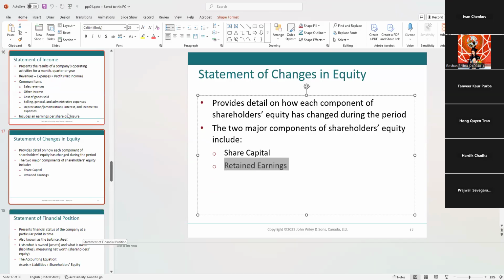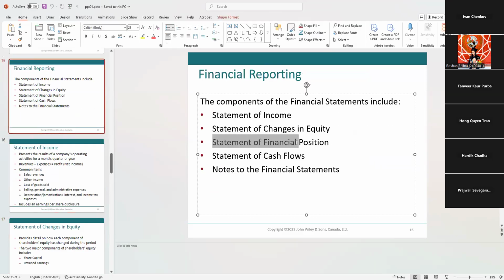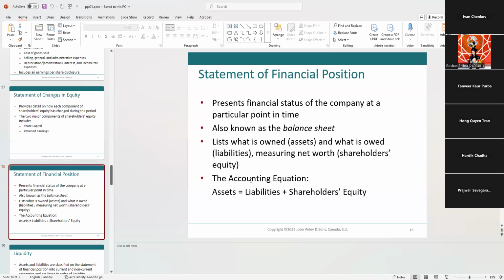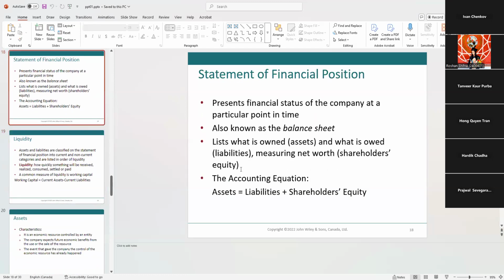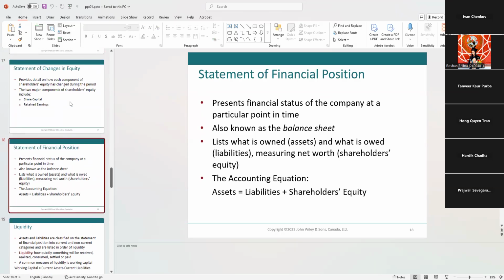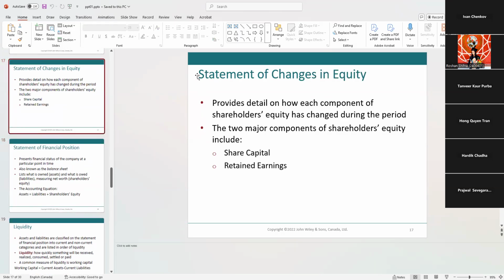Third statement, the statement of financial position. What we're gonna see is a list of assets, liabilities, and shareholders' equity. The good thing is that we already know the shareholders' equity from the statement of changes of equity.